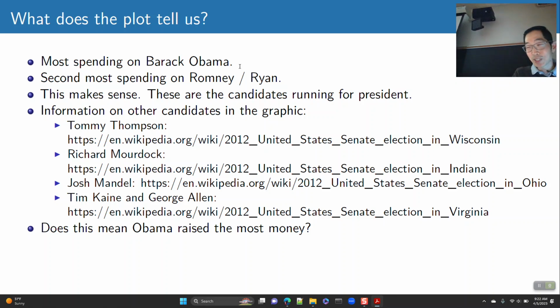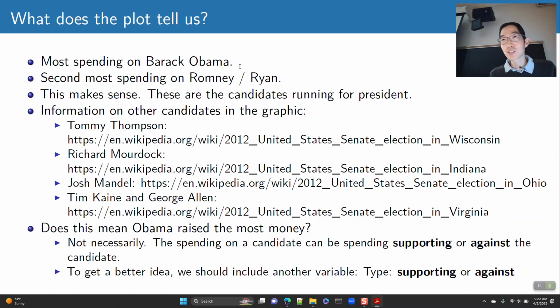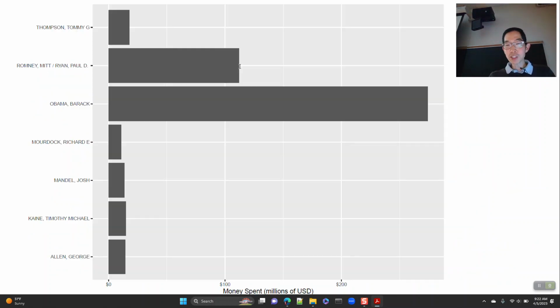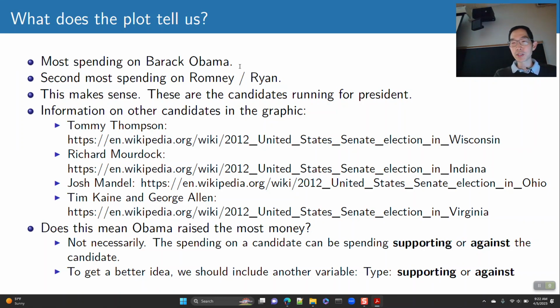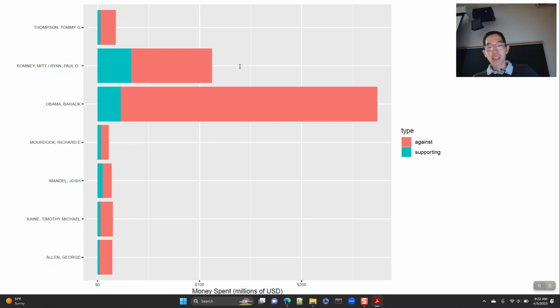Well, the answer is not necessarily, because of the way the data is kept: you can spend money supporting a candidate or running negative ads against a candidate. So not just the total money, but we want to ask, is the money supporting or anti? If you look at this, what do we see?